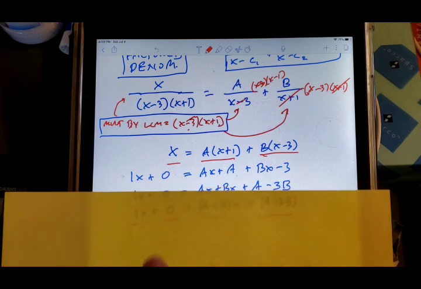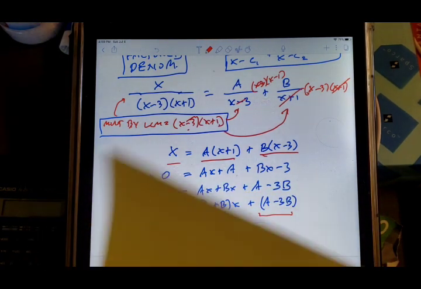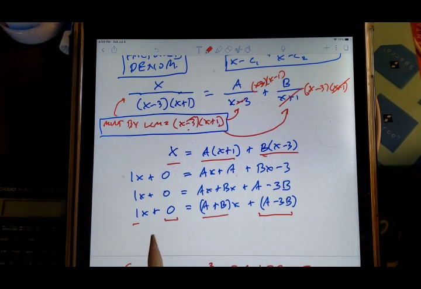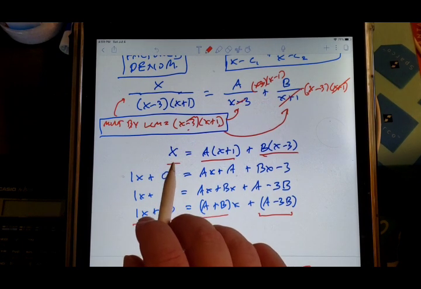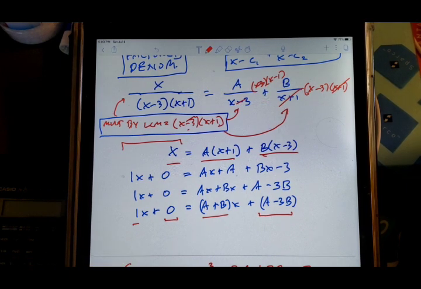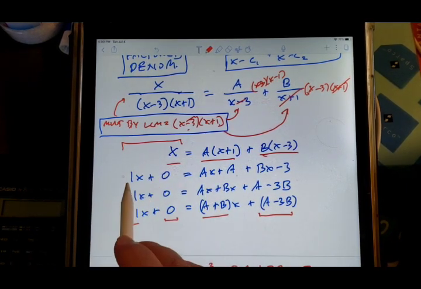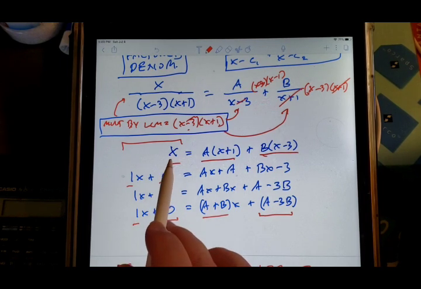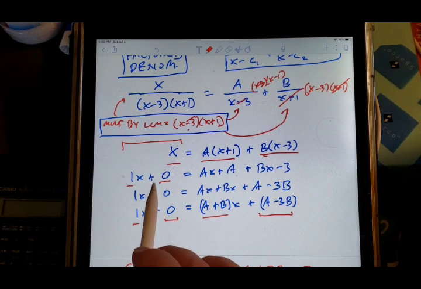And I didn't really distribute here, but it is going to be important for me to recognize this x on this side, this polynomial, as 1x plus 0. So I went ahead and wrote it already a little early. But x has an invisible 1.